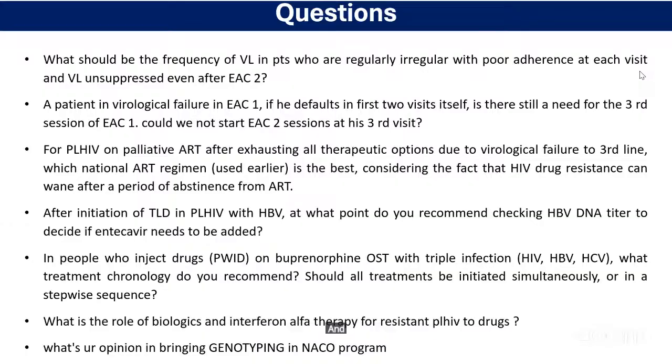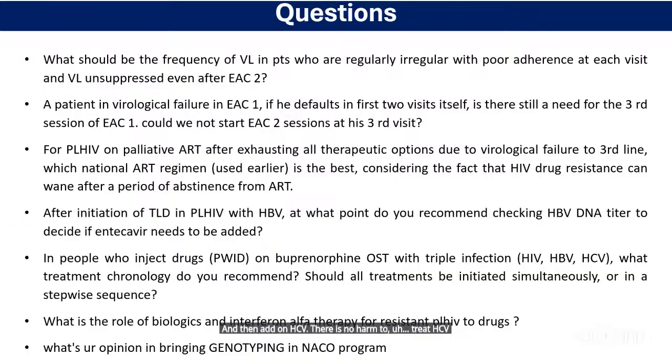And dolutegravir goes pretty well with all those things. And buprenorphine, as I said, you need to look into all those issues. So I would suggest start treatment for ART that will cover both HIV and HBV, and then add on HCV. There is no harm to treat HCV.